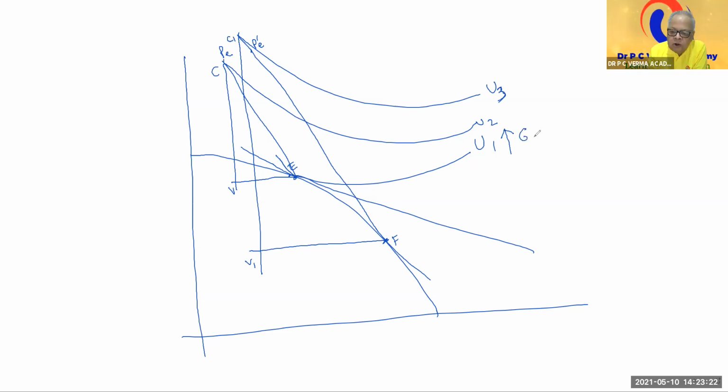This is gains from exchange and this is gains from specialization.